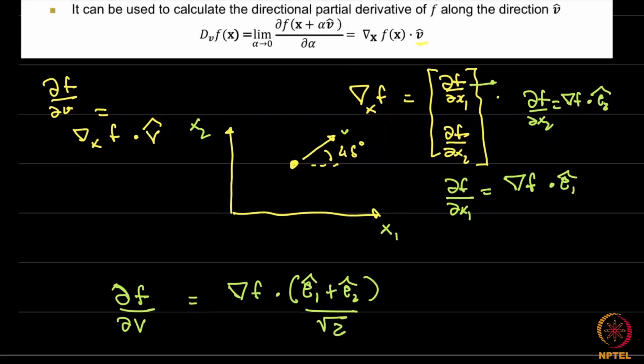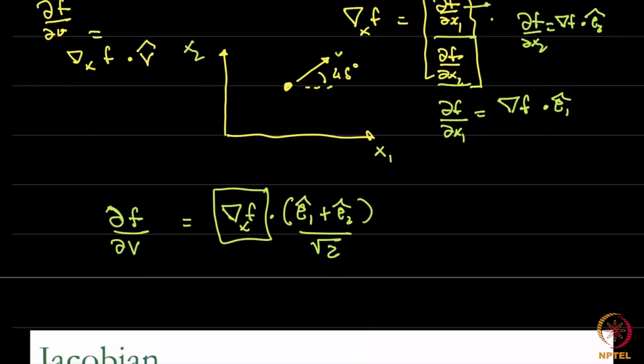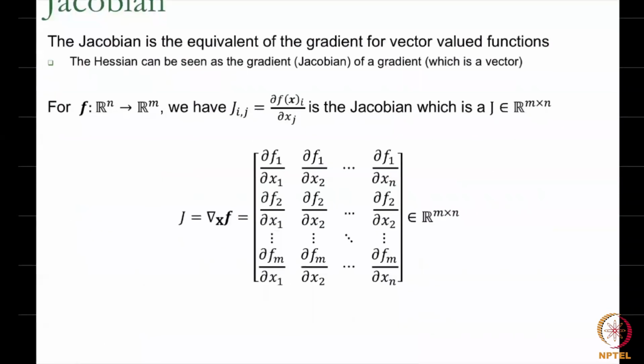So this is what makes the gradient a very powerful quantity. Not only do you have just two pieces of information about what the derivative is along x1 and along x2, you can actually find out along any direction what the partial derivative is. And we will use this to our benefit in the next video when we talk about what is known as gradient descent.